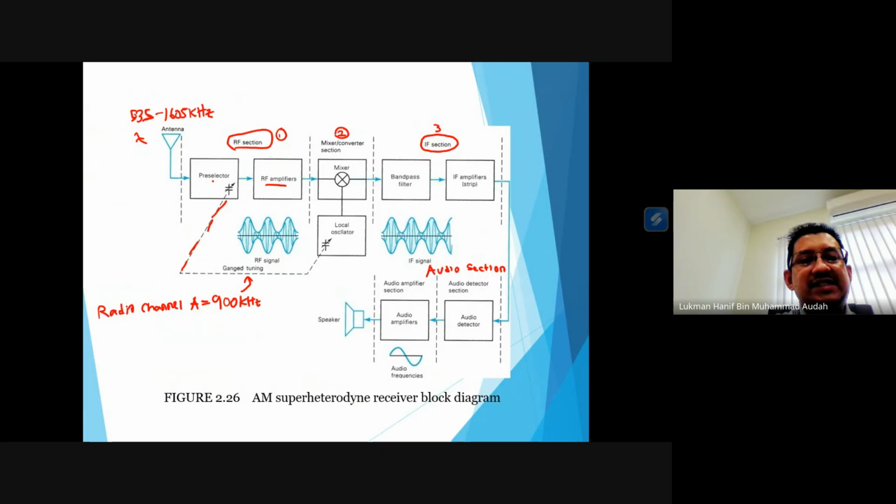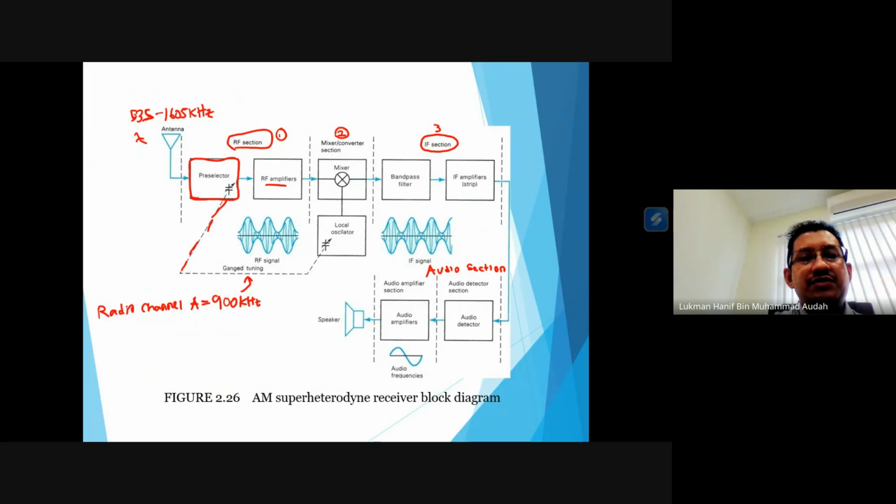The pre-selector here is a set of filtering processes. The pre-selector contains a set of filters that will tune to the desired frequency.